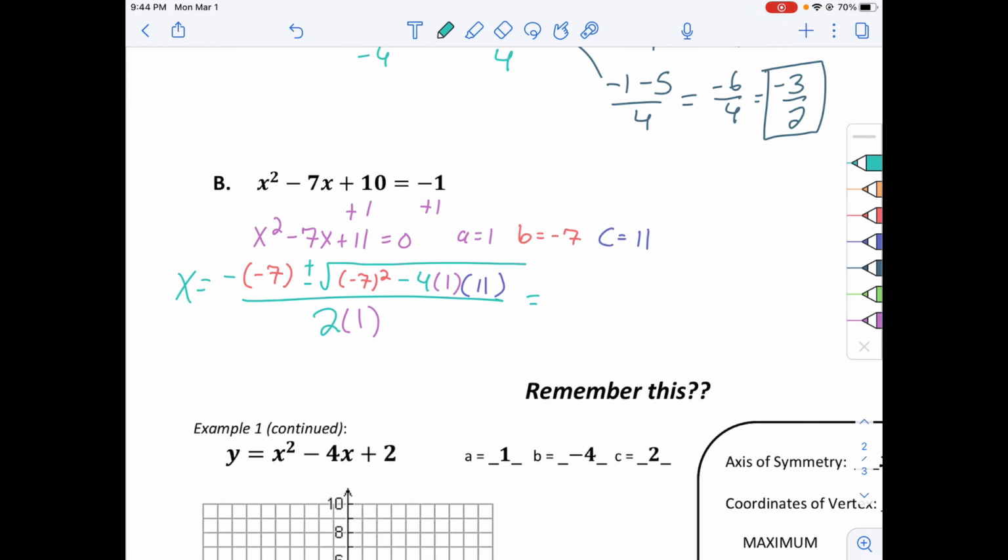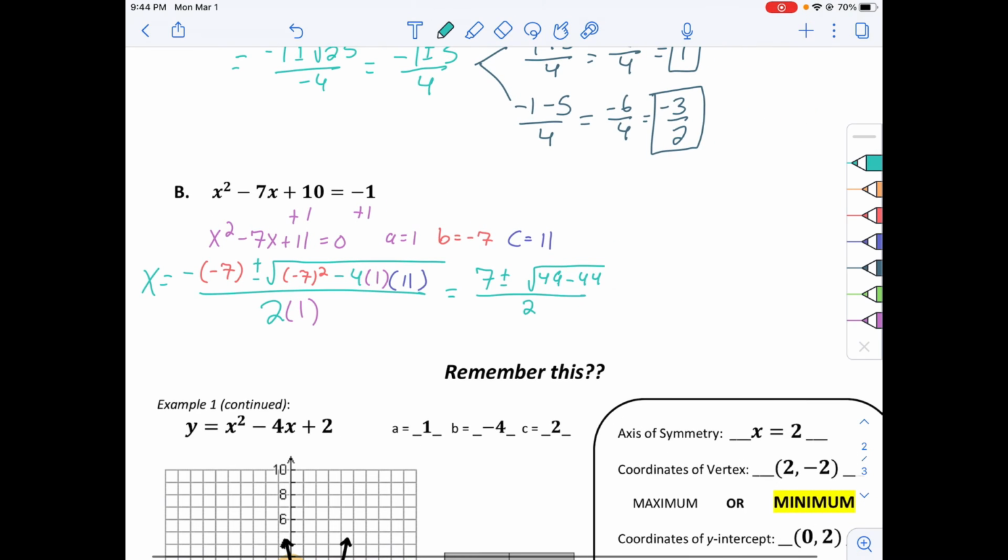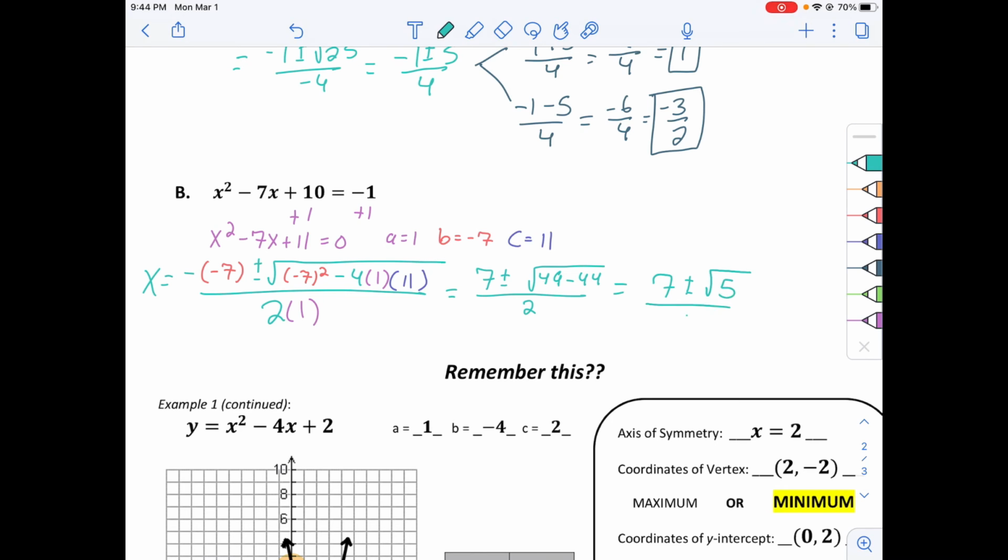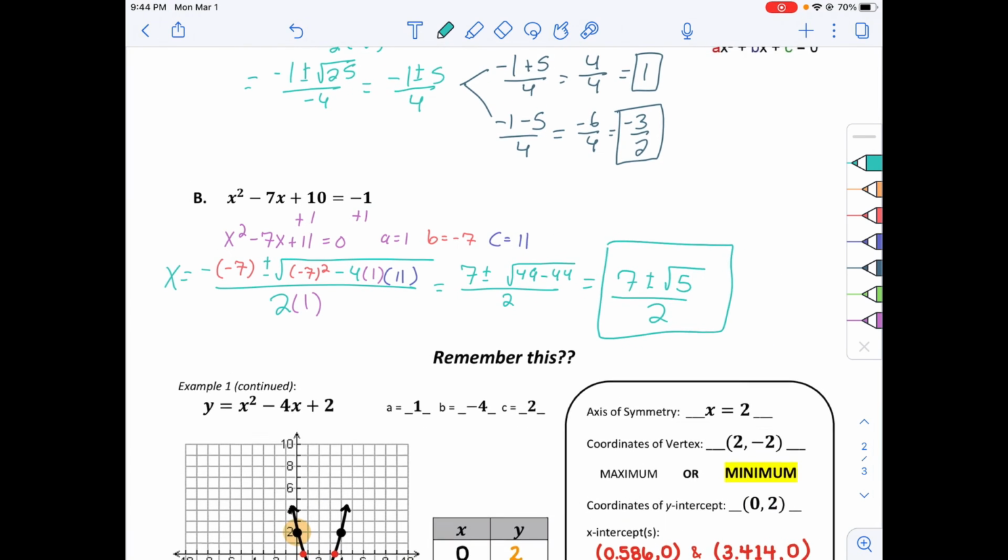So that is positive 7, plus or minus the square root of negative 7 squared, which would be 49, minus 4 times 1 times 11, which is 44. And then all of that divided by 2. So this gives us 7 plus or minus the square root of 49 minus 44, which is 5, divided by 2. And there is our solution.